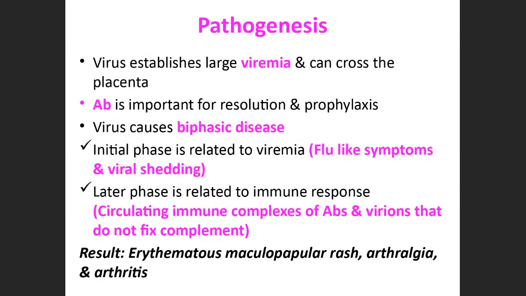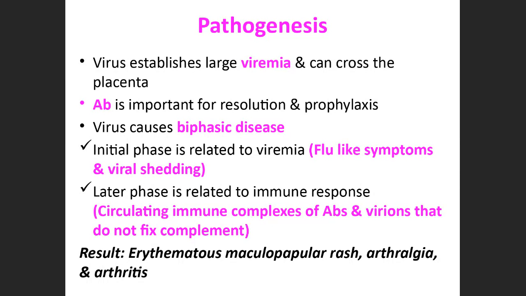Talking about the pathogenesis of this virus, it establishes viremia and can cross the placenta. Here the presence of antibody is very important, and this virus causes a biphasic disease. Two phases you can see in this disease. The initial phase is related to viremia, with flu-like symptoms and viral shedding.